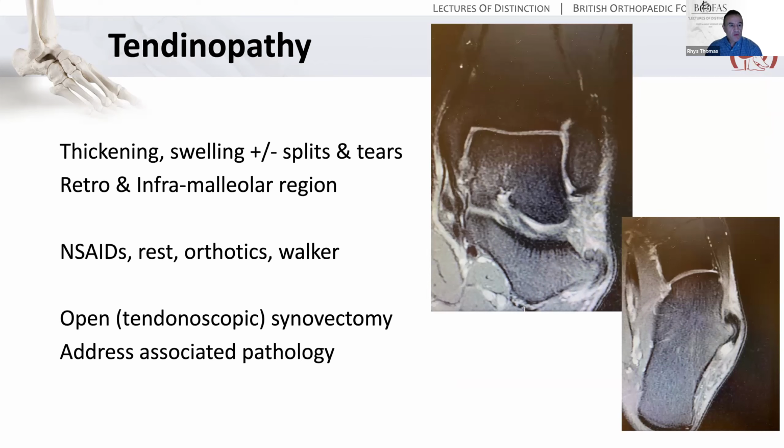So tendinopathy will tend to present with thickening and swelling in the regions, and as I say, mainly in the retromalleolar or inframalleolar regions. Again, treatment options: activity modification, orthotics, anti-inflammatories, and possibly rest within a walking boot. Synovectomy can be performed, and we must deal with associated pathology.